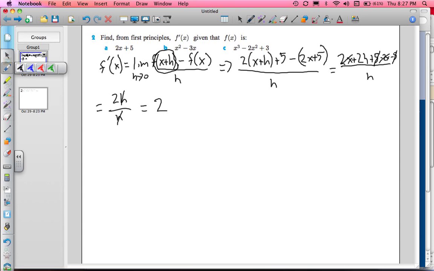Okay, let's do B, because this one you'll actually end up with an equation instead of just a constant slope. So the limit as h approaches 0, and f of x plus h, so you get x plus h squared minus 3 times x plus h.